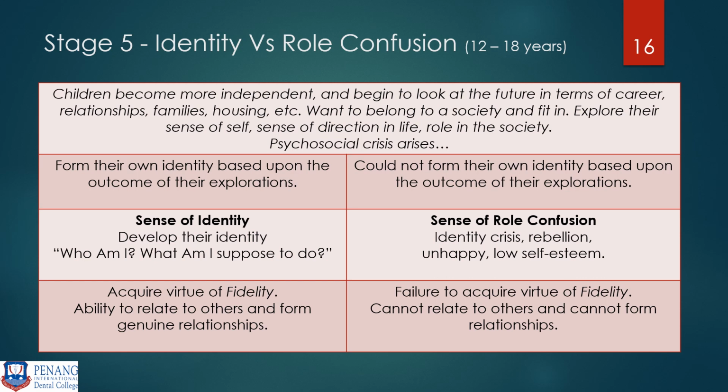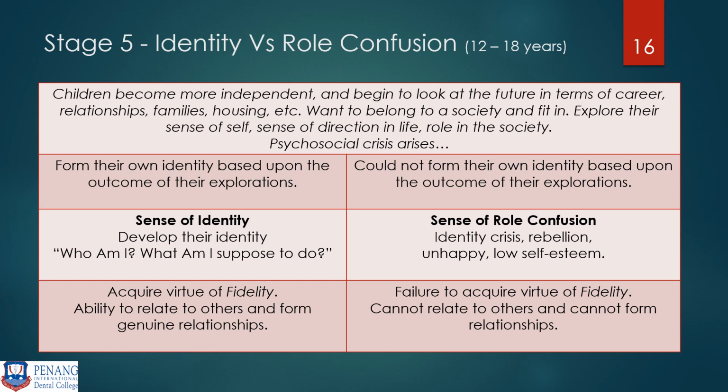So this will basically lead to a lot of unhappiness in life, and of course low self-esteem, because the children who have a sense of role confusion are not sure what to do. They're not sure of their abilities to do anything. So they will not have the virtue of fidelity, and therefore they cannot relate to others, and they cannot form relationships, which is very important for the next stage.